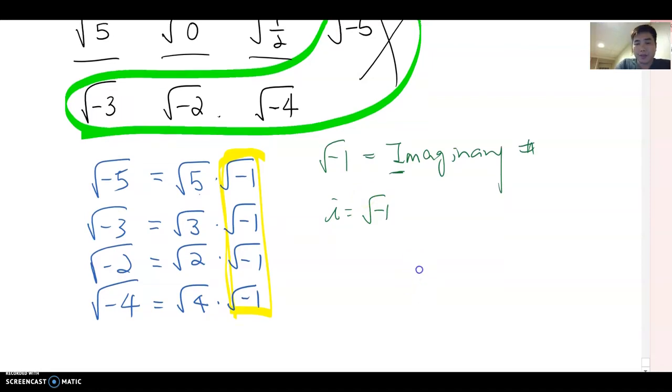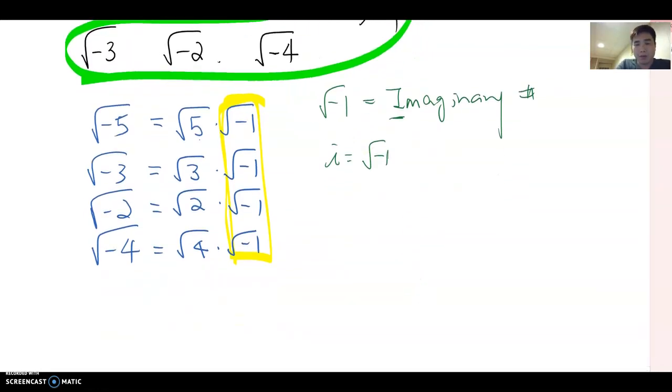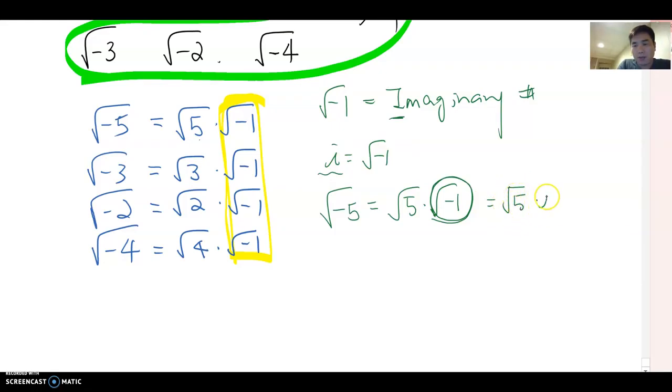Now all these values we can rewrite. Root negative 5 means root 5 times root negative 1. Since we define root negative 1 as i, this becomes root 5 times i, right? Similarly, root negative 3 we can rewrite as root 3 times i, and root negative 2 also becomes root 2 times i.